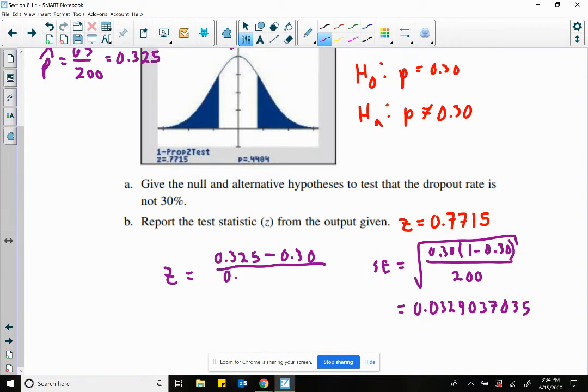So that's what we're going to divide all this information over here by. So I go to my calculator, alpha y equals, put in my fraction, 0.325 on top, minus 0.30. And on the bottom, I'm going to go up and grab that number. A little bit harder to do. I'm going to have to type it in. So accidentally deleted my top piece out, putting it right back in. So on the bottom, scroll down, put 0.032.